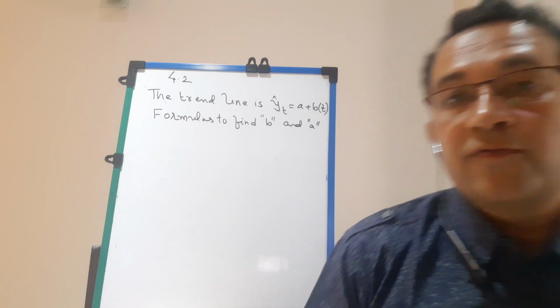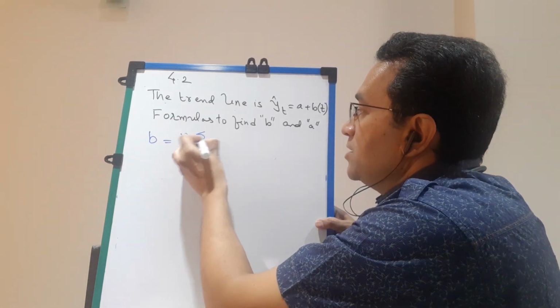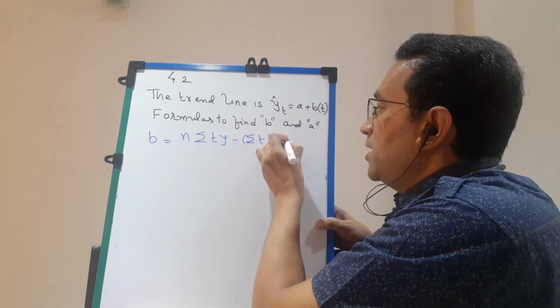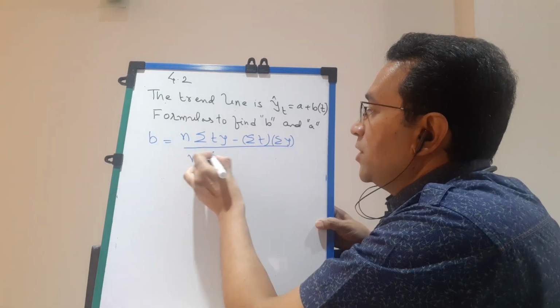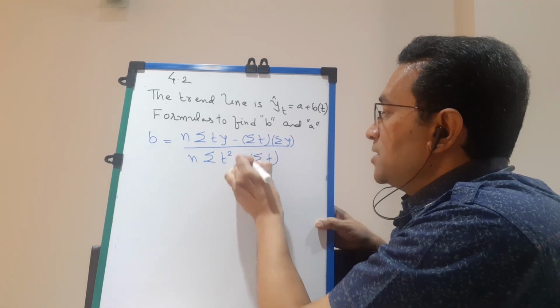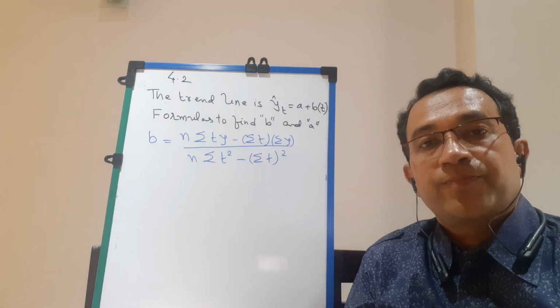Now the formula of b: n sigma xy, instead of that ty, minus sigma x into sigma y, instead of that sigma t into sigma y, upon n sigma x square, means n sigma t square, minus sigma x the whole square, means sigma t the whole square.